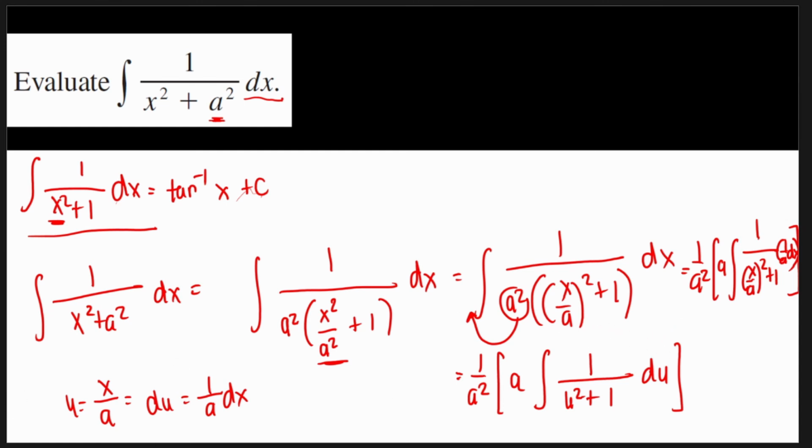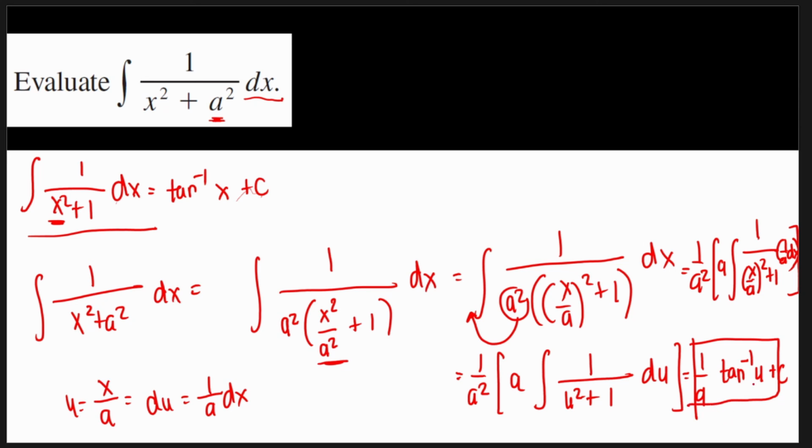Solving this particular expression, this is just equal to a over a squared, that is 1 over a, and this is equivalent to the arctangent of u plus c, right?